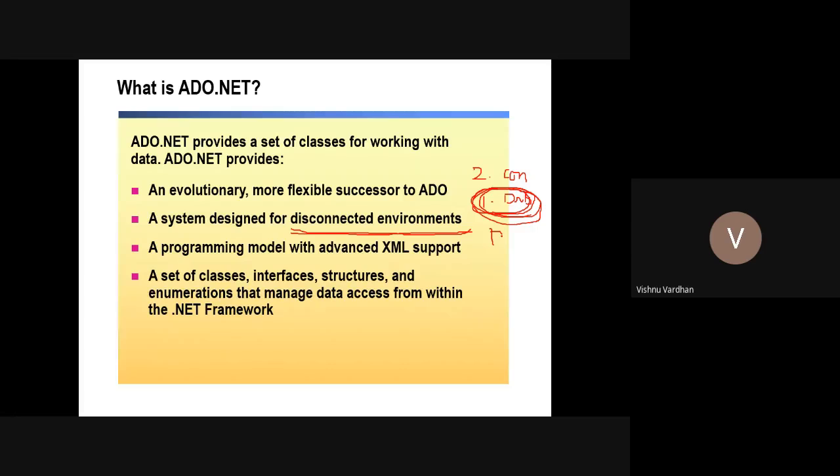The data set is nothing but the in-memory representation of your database. So after doing any number of operations on this data set, finally you are going to open the database again and update it with whatever changes you have made. So this is what the disconnected architecture offers.